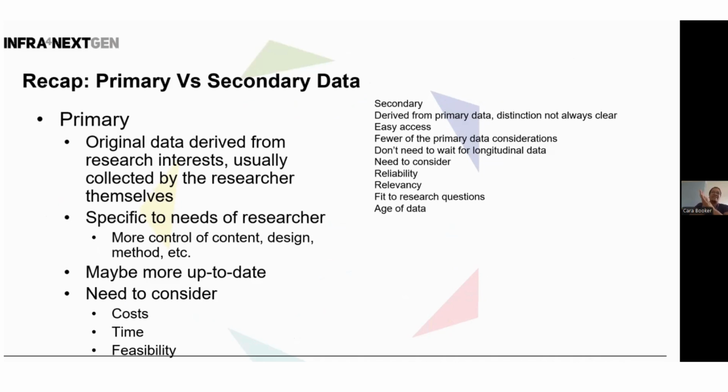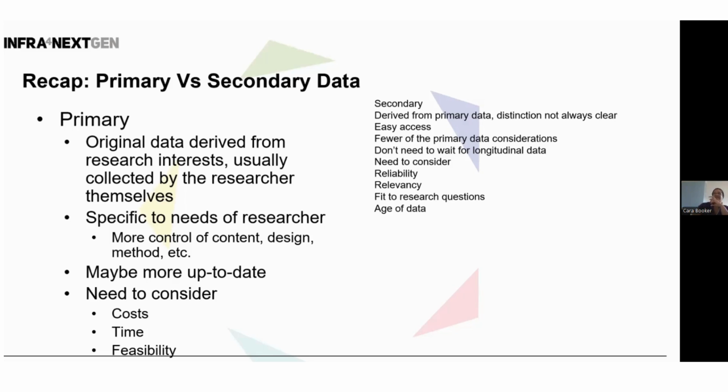Primary data is derived from research interests, usually collected by the researcher themselves. You have a bit more control over the content and design of the data collection. It's going to be more up to date because you're collecting it in real time, but there are also considerations. Whereas secondary data is derived from primary data.